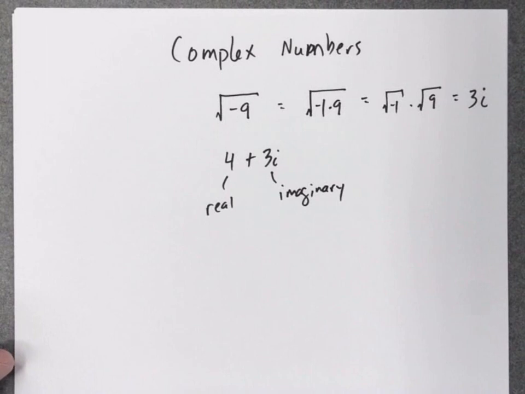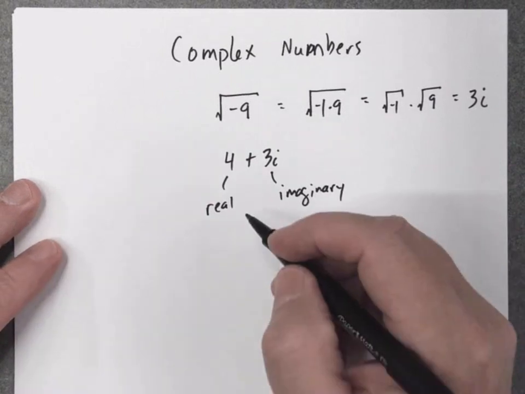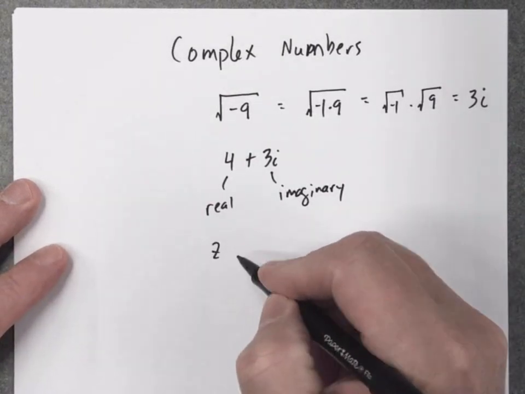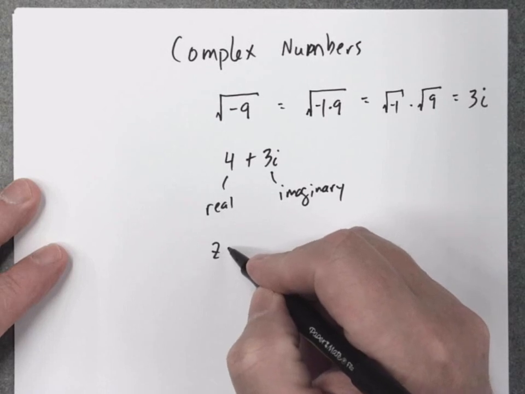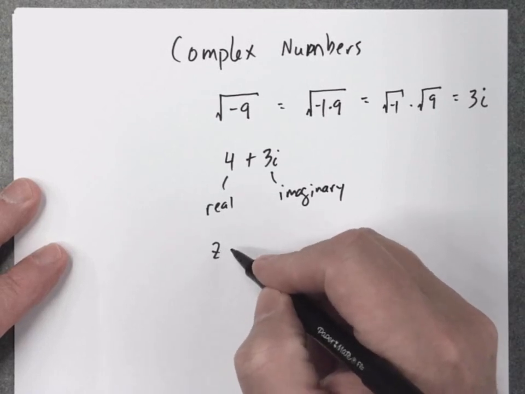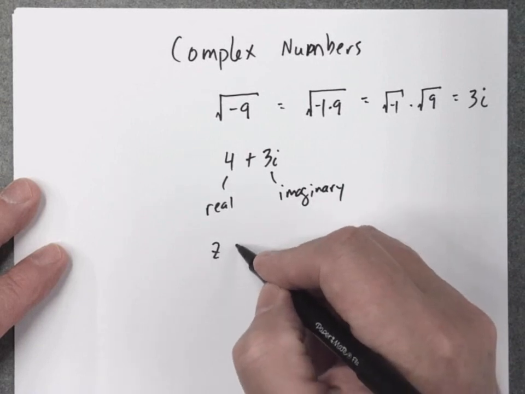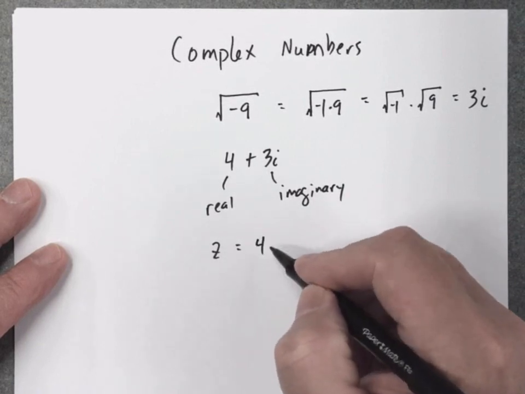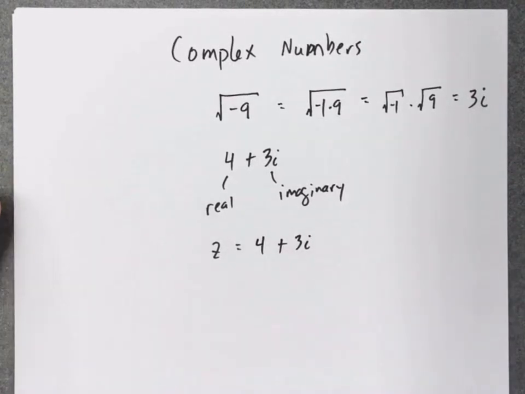And the 3i was called the imaginary part. So here's what we're going to do in this trig class with these complex numbers. First of all, in trig class, we're going to call complex numbers z. So let me just rewrite this complex number, call it z.